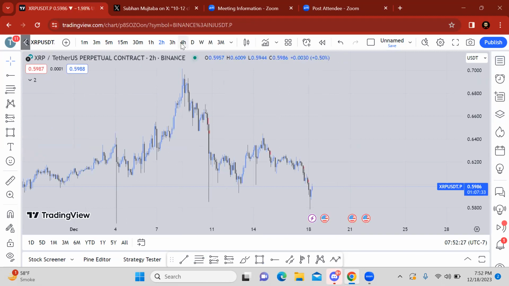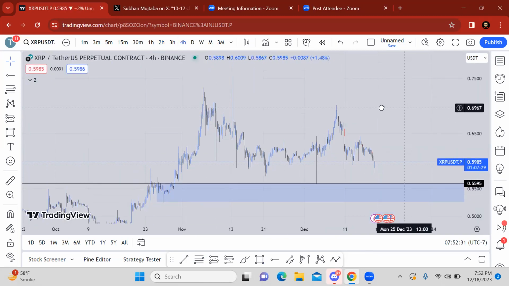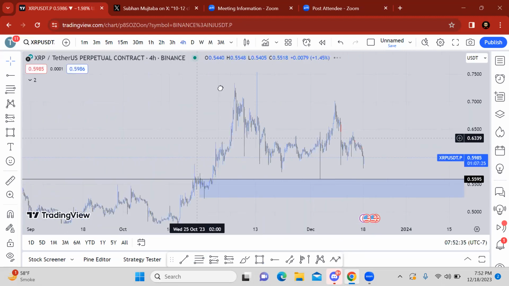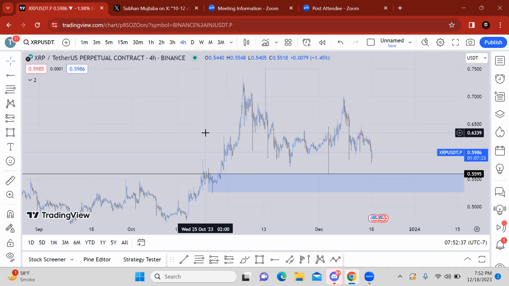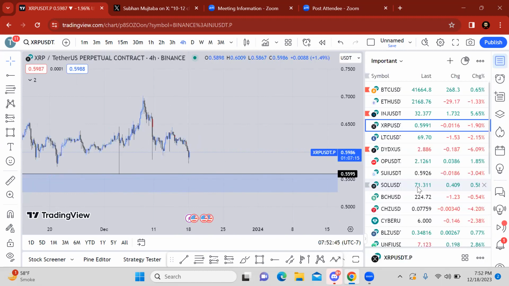Okay, going with another coin, XRP. We will see whether this is working or not. There is no clear structure on XRP. I need Solana done.